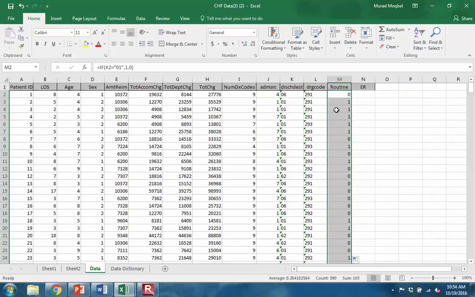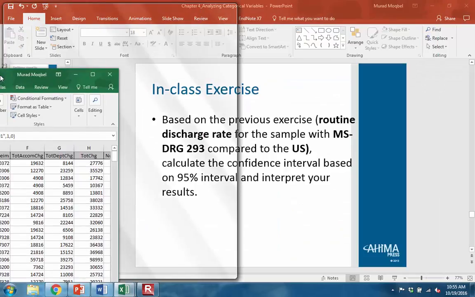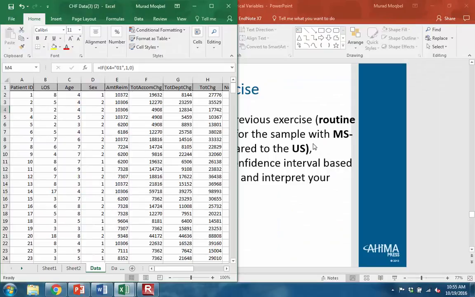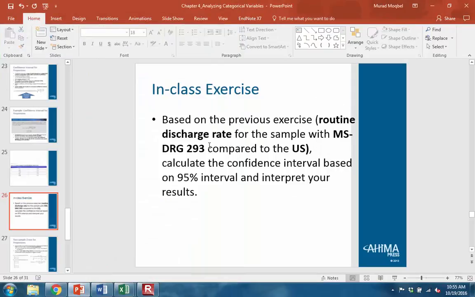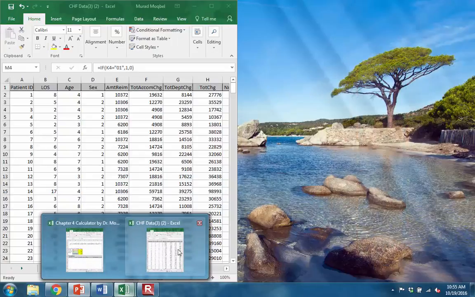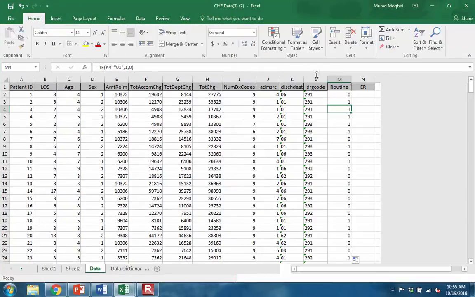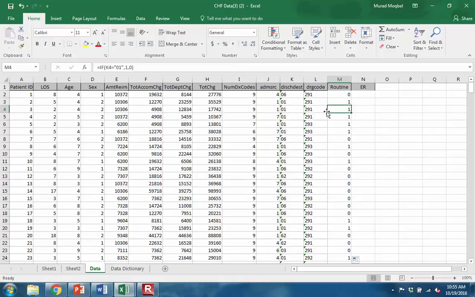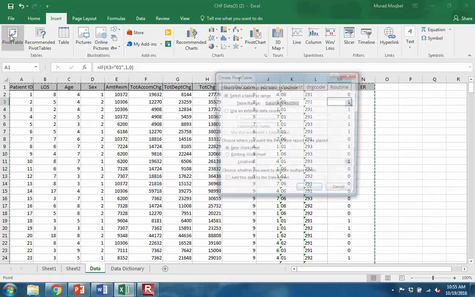So now I have this result done for me. So what is the question here? They want me to calculate the routine discharge rate for this sample. So let's create a pivot table.